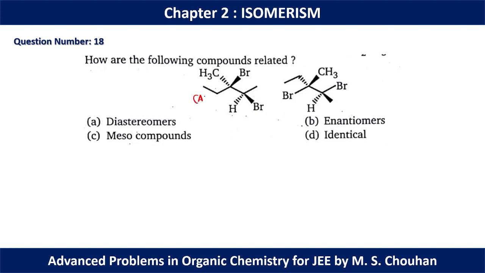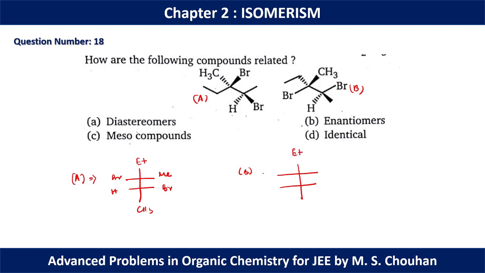So if this is capital A, the capital A molecule will look like this in the Fischer projection: ethyl, methyl, bromine, methyl, hydrogen, bromine, and this is molecule capital B. So if you draw a proper Fischer projection, it will look like this: ethyl, bromine, methyl, methyl, bromine, hydrogen.